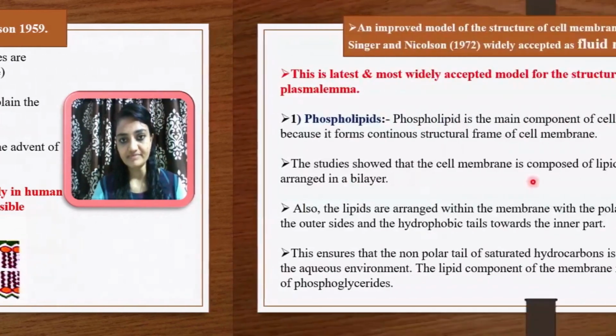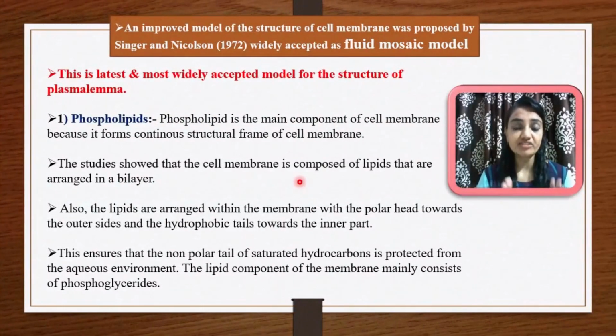After the rejection of the sandwich model and unit membrane model, a new model was proposed by Singer and Nicolson in 1972, and that was widely accepted as the fluid mosaic model. Let me try to understand what the fluid mosaic model is. This is the latest and most widely accepted model for the structure of the plasma lemma or cell membrane.